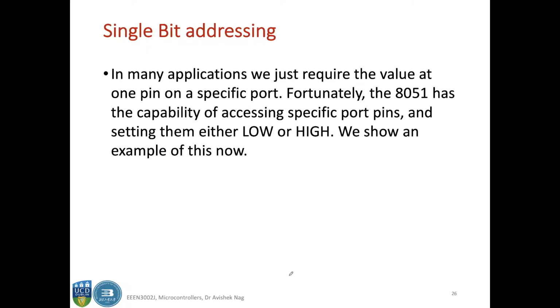So let's look into single bit addressing. In many applications we just require the value at one pin on a specific port. Fortunately the 8051 has the capability of accessing specific port pins, and it can set them either low or high. So let's see an example.